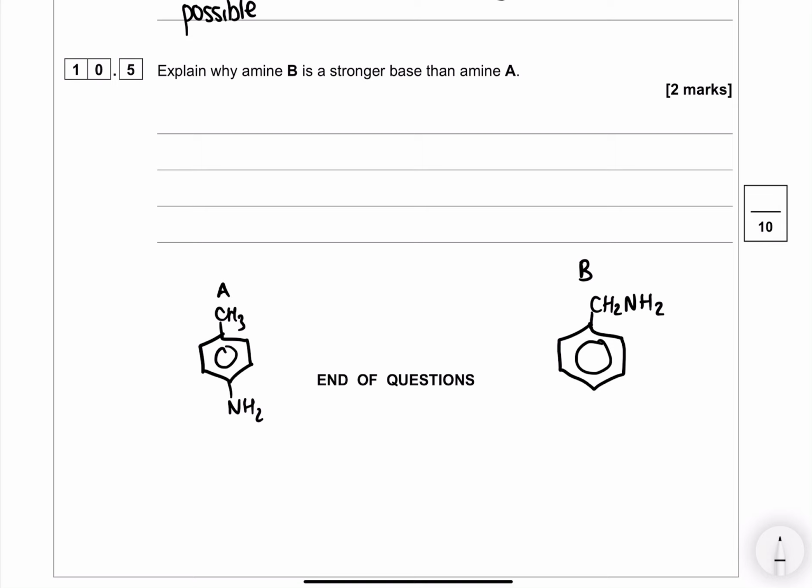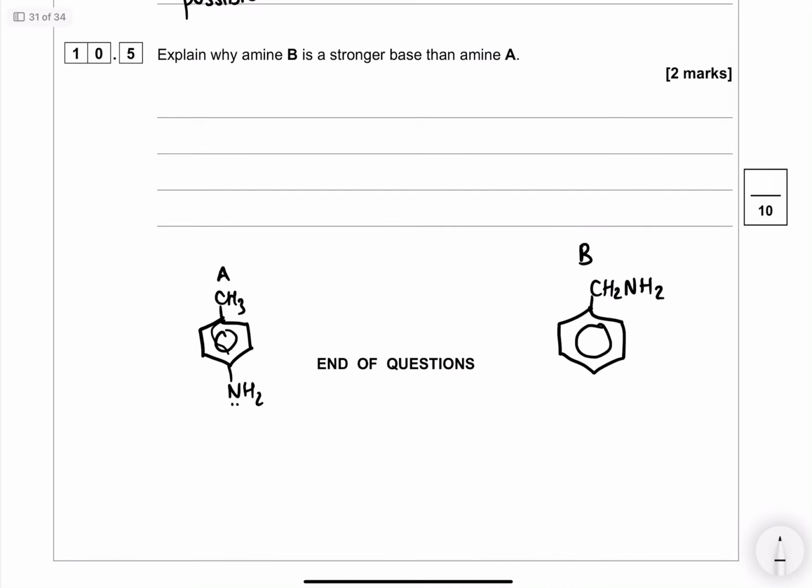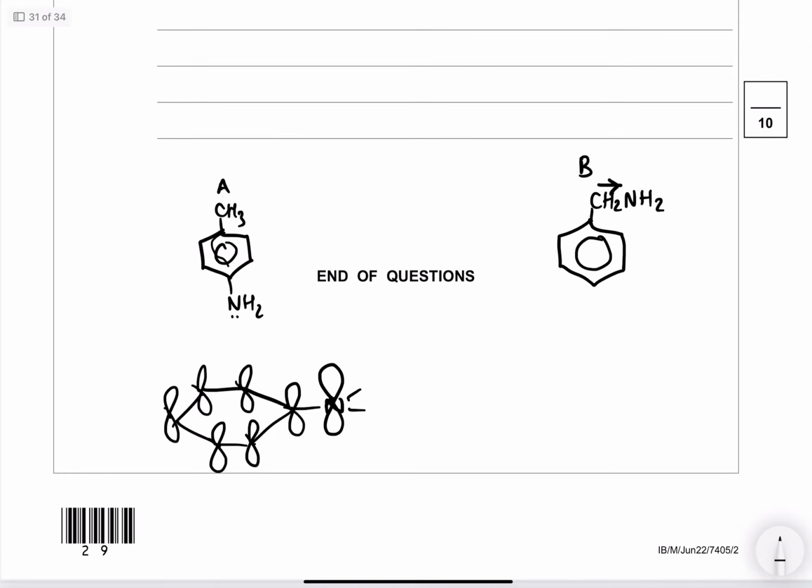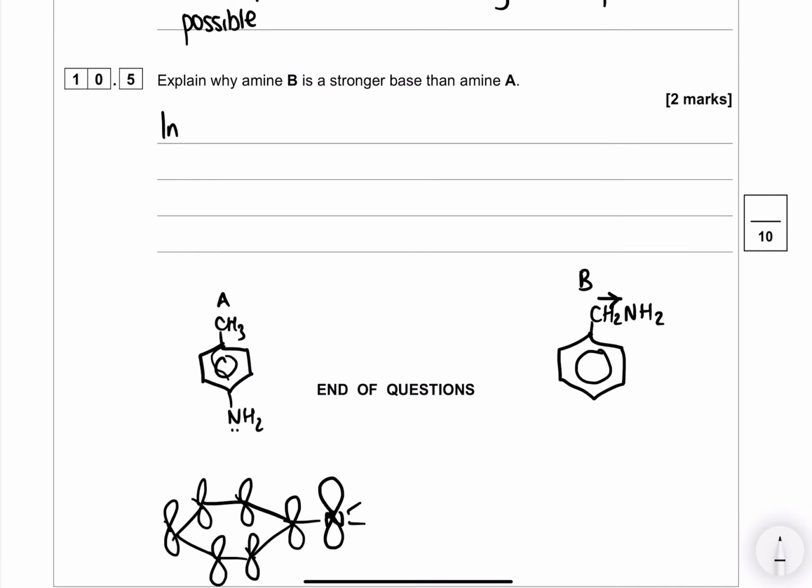In A, the lone pair on nitrogen is going to become delocalized into, if we think about this sort of sideways on, this pi bonding ring formed by overlap of p orbitals, making it less available to accept a proton, whereas in B, the positive inductive effect of the alkyl group is going to increase the electron density on the nitrogen, making it more able to accept a proton.